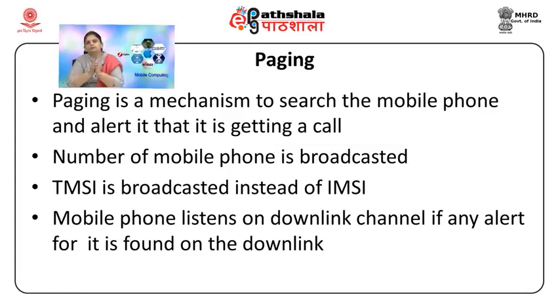But here it should be kept in mind that, for security purposes, from now onwards we do not use the IMSI number. Instead of the IMSI number, the TMSI number will be broadcasted. The MSC will broadcast the TMSI number to all the BSCs which are in its area.